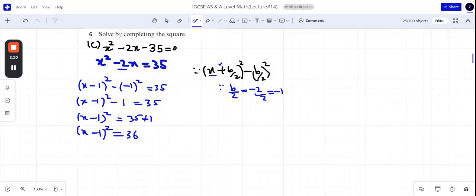Then to find the value of x, we need to take the root on both sides because we need to remove the square here. So when you take the root on both sides, with the constant value we have to put the plus minus sign. So now the root and the square will cancel out. So x minus 1 equals to plus minus root of 36 is 6.